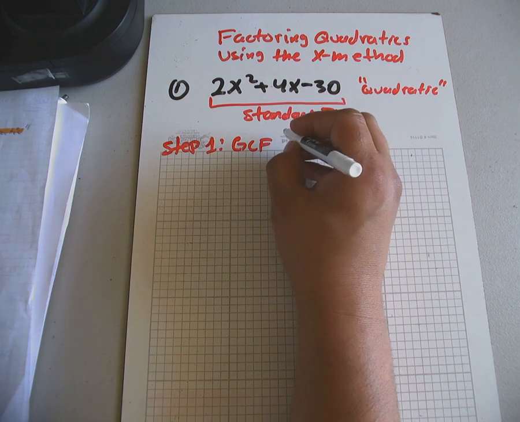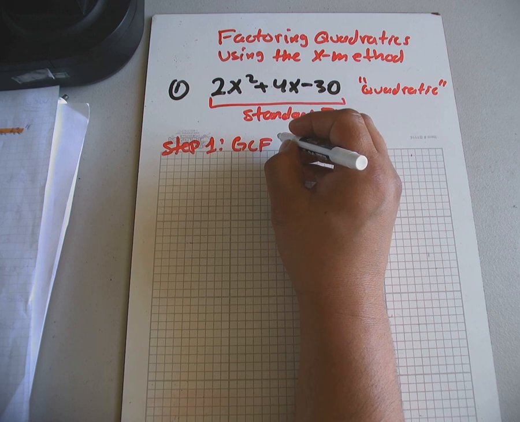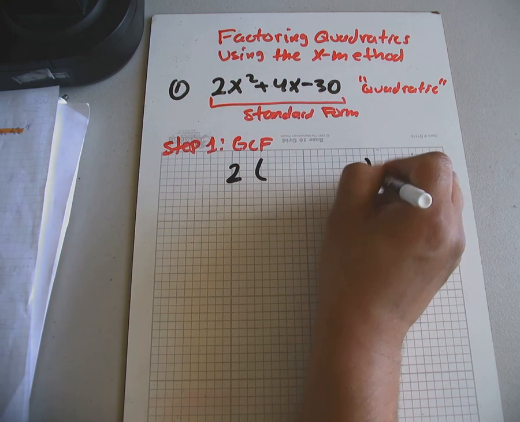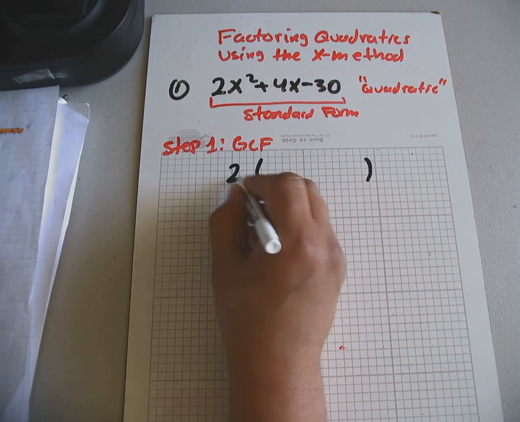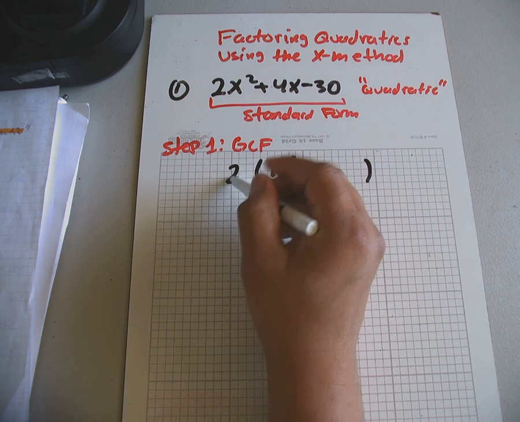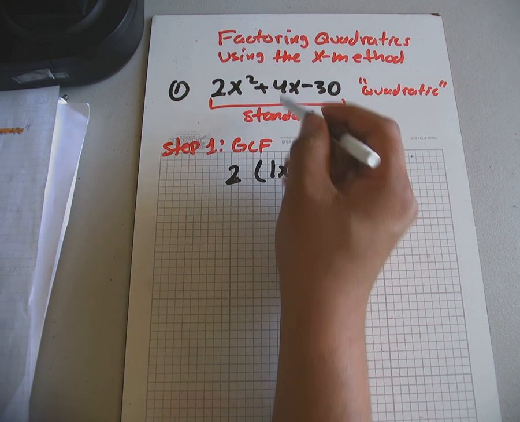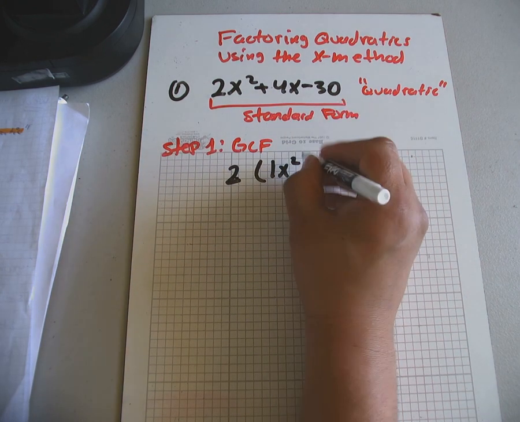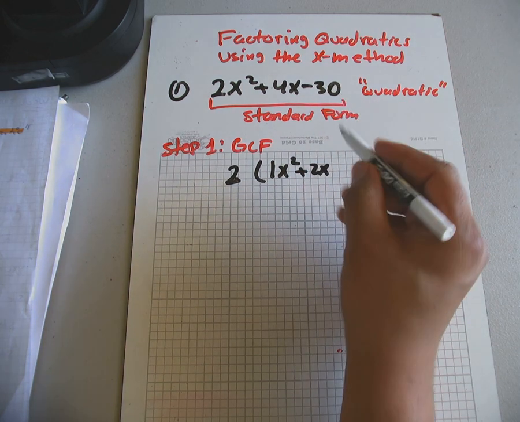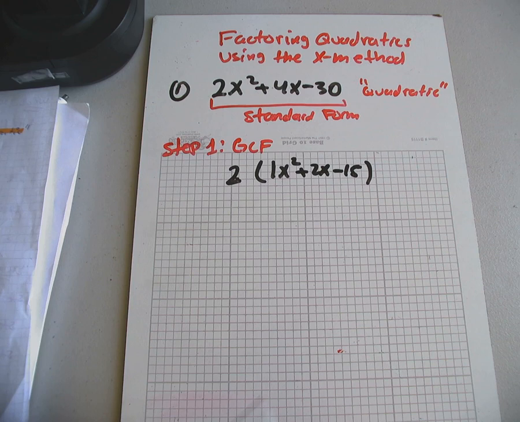So we're going to have 2, parentheses, this is my GCF, and then 1x squared, because 2 divided by 2 is 1, plus 2x, because 4 divided by 2 is 2, and then negative 30 divided by 2 is negative 15. So that's what we have.